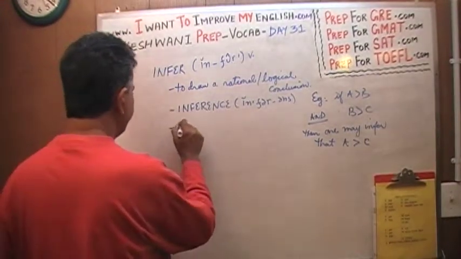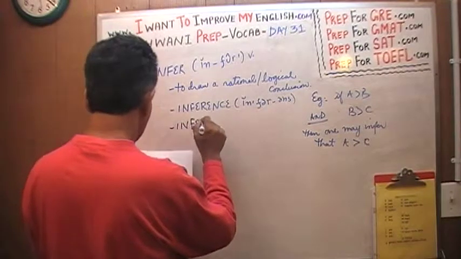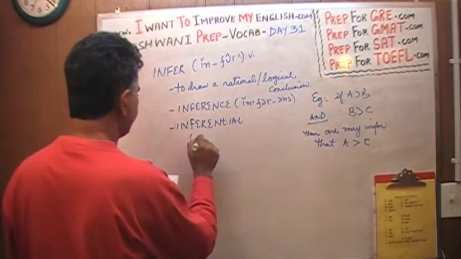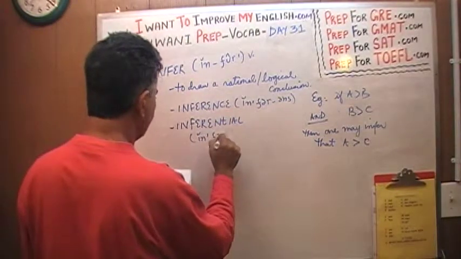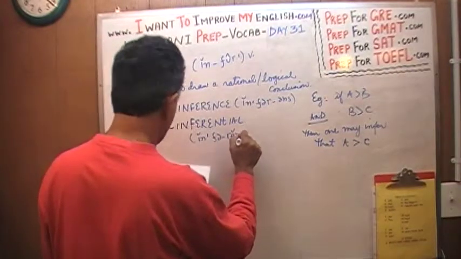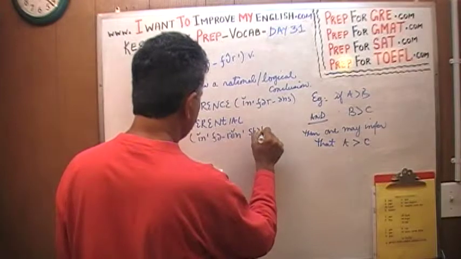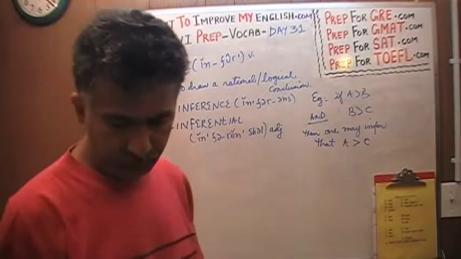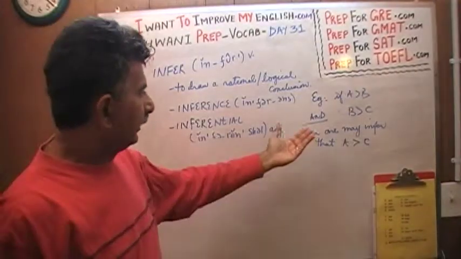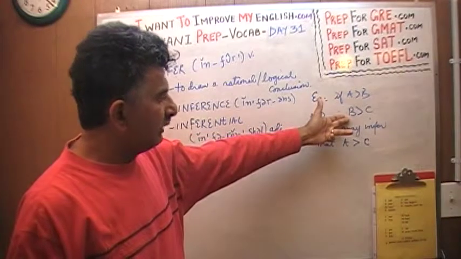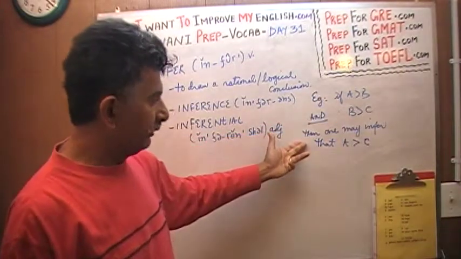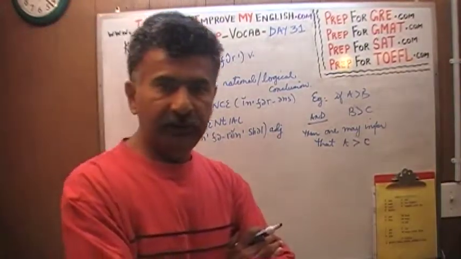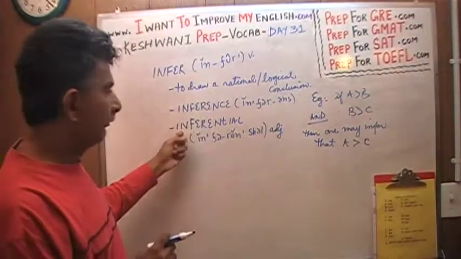The adjective would be inferential. So the statement that we just made, if A is bigger than B and B is bigger than C, then we infer that A is greater than C. That last statement, that A is greater than C, that statement is inferential.